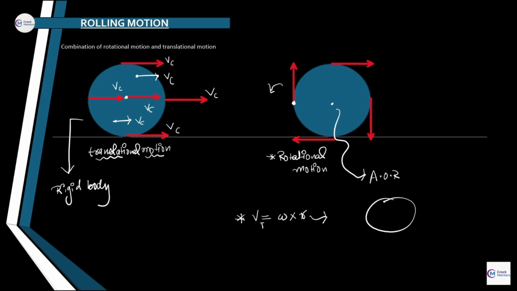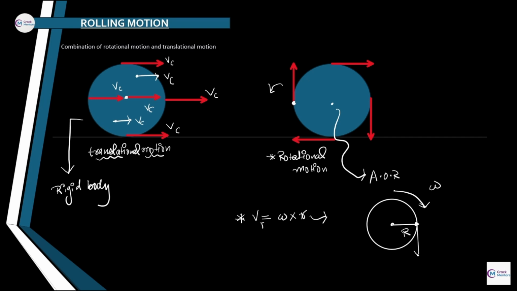Let me make you understand. Just give me time to make the correct diagram for you. Okay, now I have drawn it right here, and I am talking about the tangential velocity. Let's suppose we have a body which has radius r, and it is moving with some angular velocity omega, as you can see right here. Then what tangential velocity must each and every particle possess in this body?